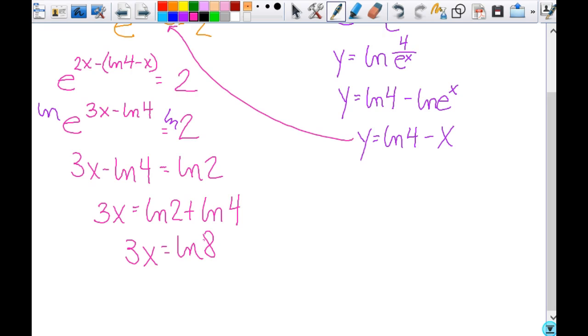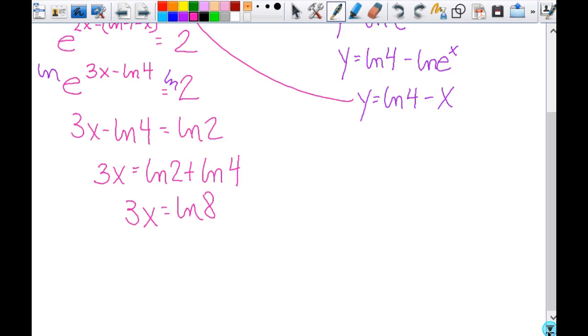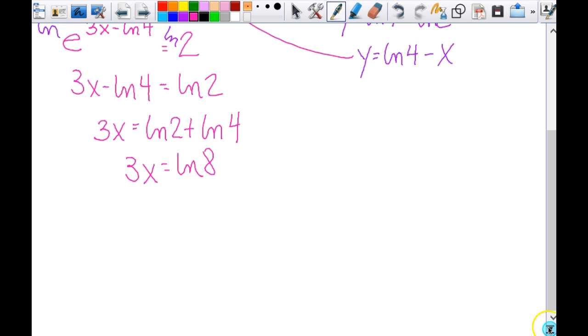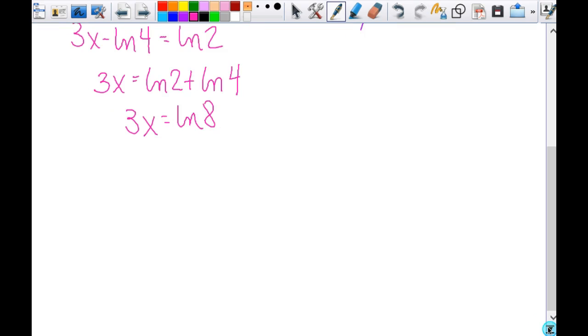Okay, and then this is where, to match the answer that I gave you, you would kind of have to go a little bit farther. Of course, we got to solve for x. So if I'm going to solve for x, I'm going to get x equals the natural log of 8 over 3, which is the same as 1/3 times the natural log of 8. Y'all agree with that? It's the same as dividing by 3. What happens to the number in front of the log?